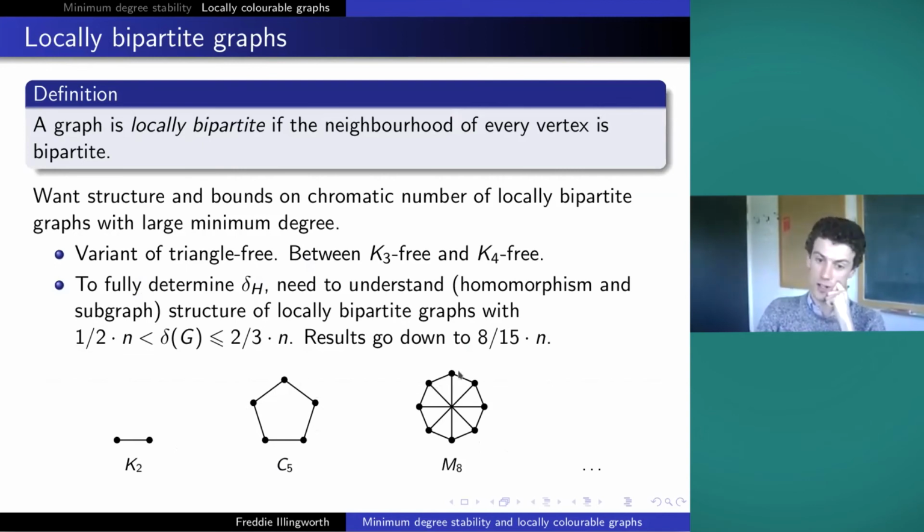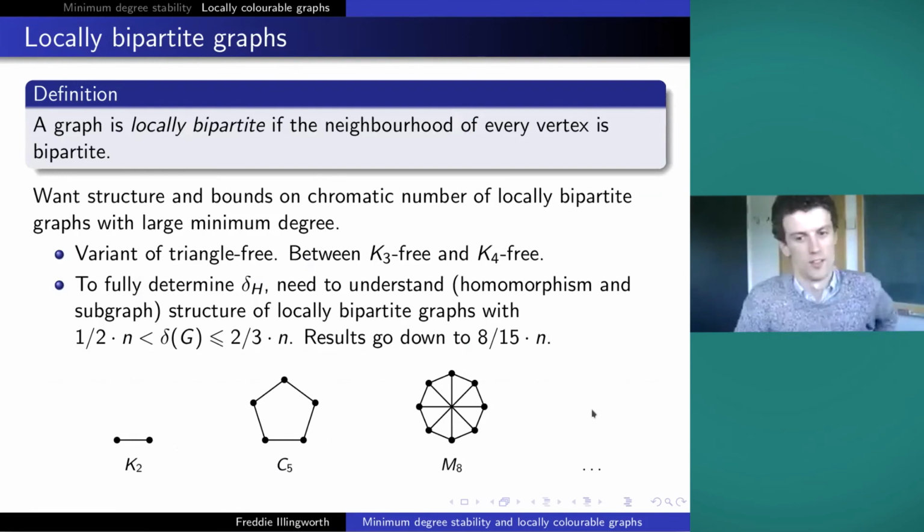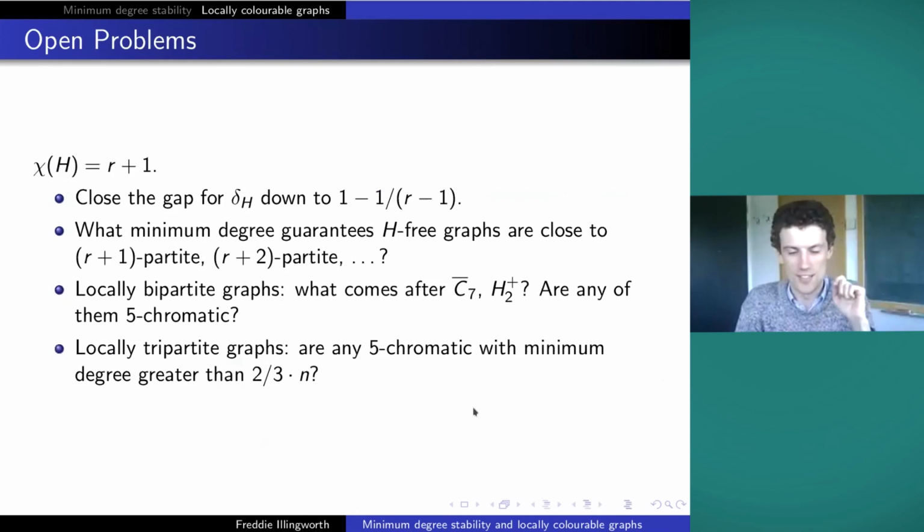You take a cycle of length 3k plus 2, and you join vertices to the ones next to them, the ones 4 away and the ones 7 away. So this has 5 vertices, 8 vertices, 11 vertices, and that would be 4 regular with 11 vertices. So they're all nested, they're all homomorphic, and that's quite nice. But even these first 2 graphs aren't nested. Neither contains the other, neither is homomorphic to the other.